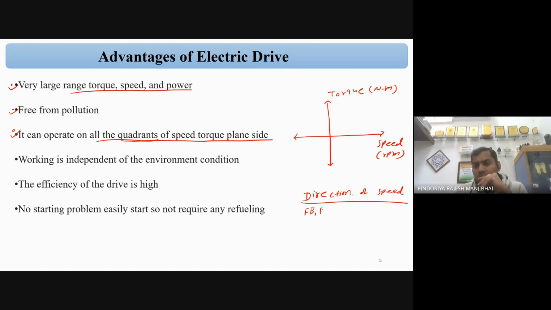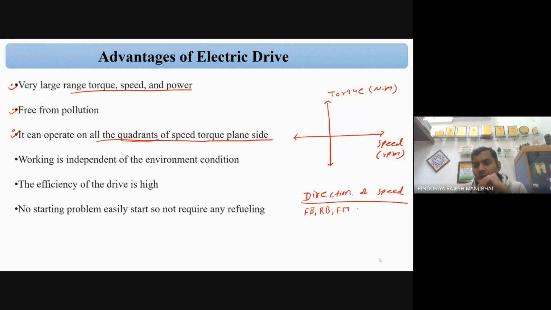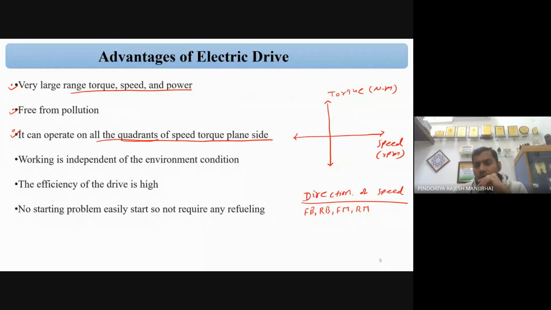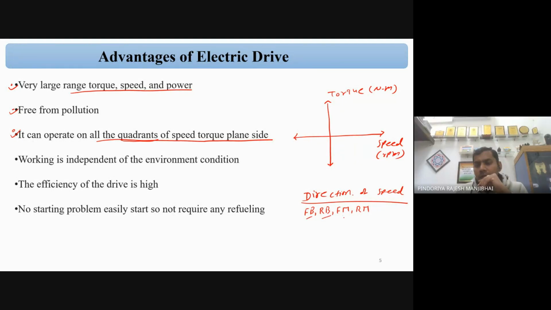Forward motoring, forward braking, reverse motoring, and reverse braking. Correct? Yes, sir.